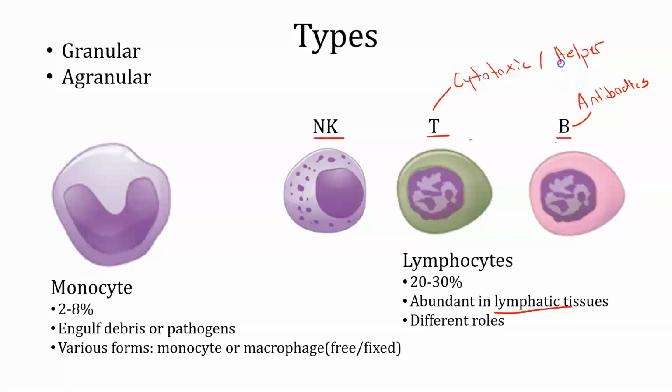The helper T cells actually help the B cells make antibodies. And then the NK cells are involved in what's called immune surveillance, and that's basically checking the body for abnormal cells, and they can actually destroy mutated abnormal cells, such as those that would be involved in forming a cancerous tumor.